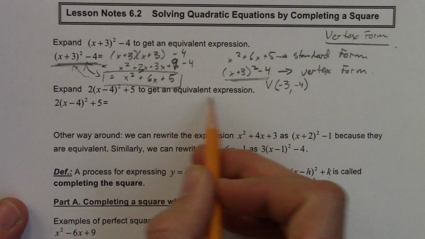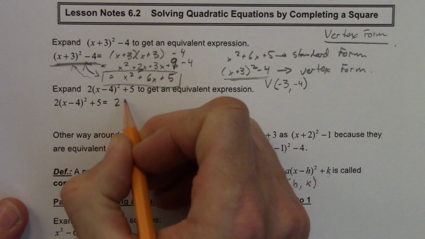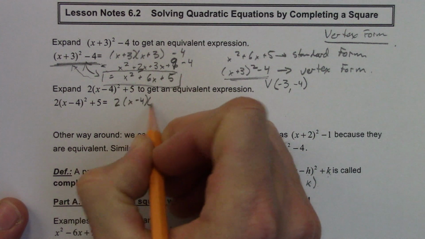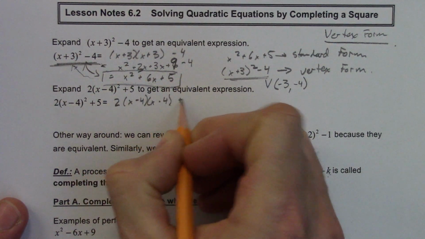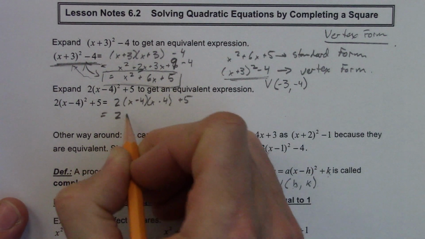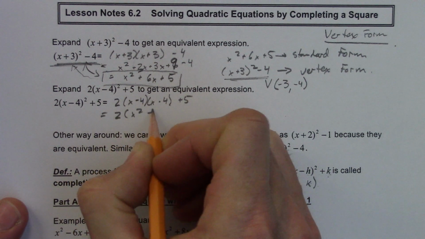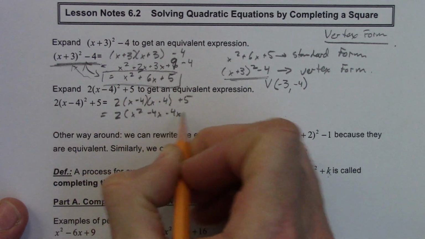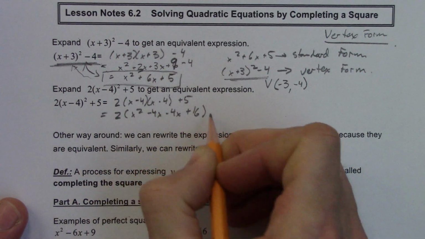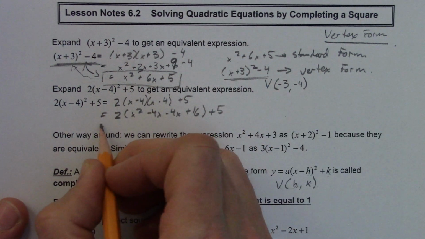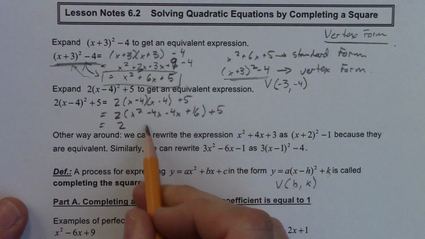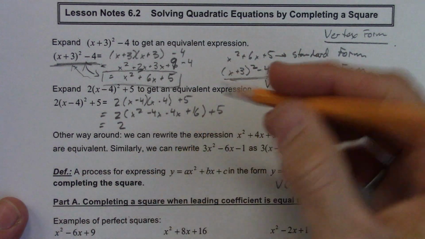So we're going to expand this to get an equivalent expression. We're going to leave 2 on the outside. X minus 4 squared plus 5. We're going to say 2 times x squared minus 4x minus 4x plus 16, plus 5.